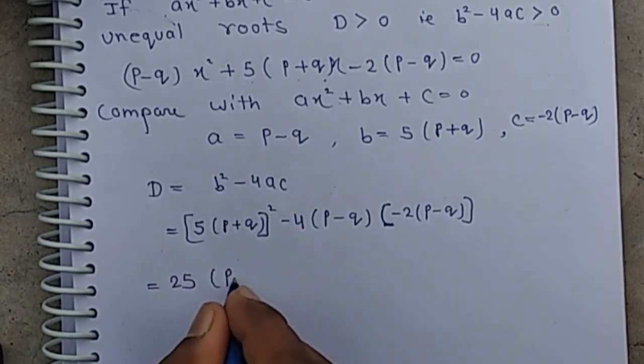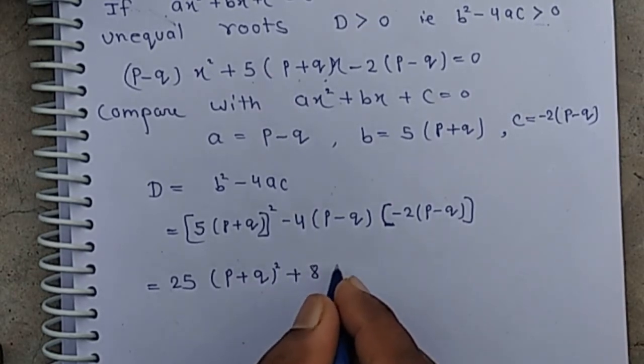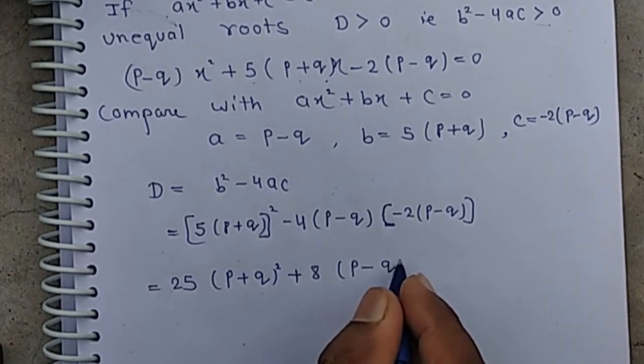25(p plus q) square plus 8(p minus q) square.